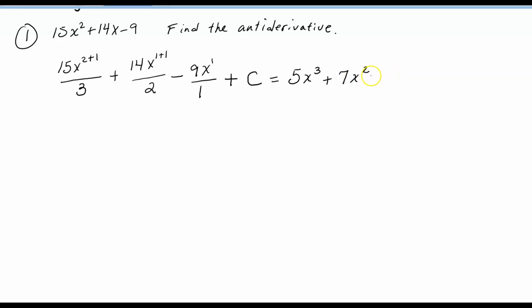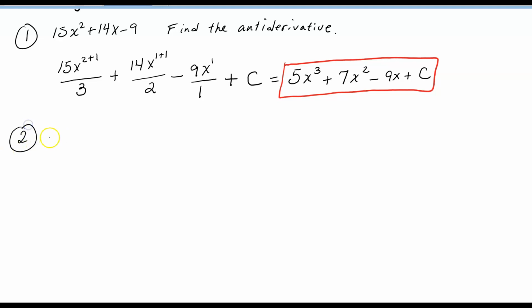Then minus 9x, and then plus our constant of integration, c. So this right here is the general antiderivative. It addresses the family of functions that could have possibly been the original function that we had taken the derivative of. A really nice example, but let's take a look at one that's a little bit more complex.